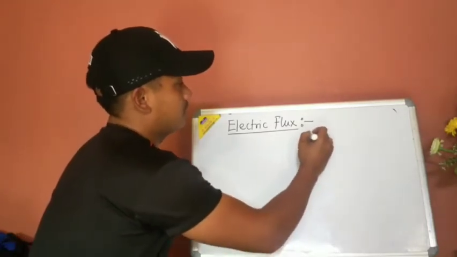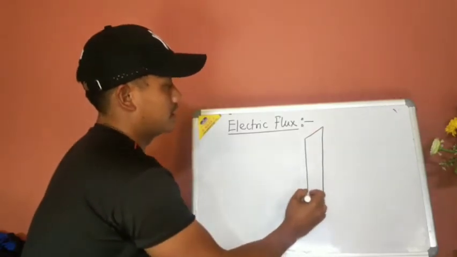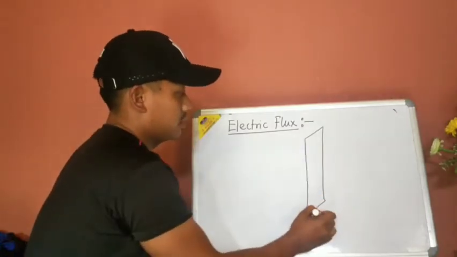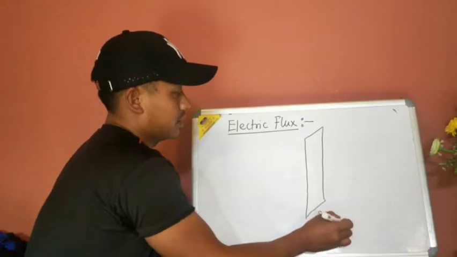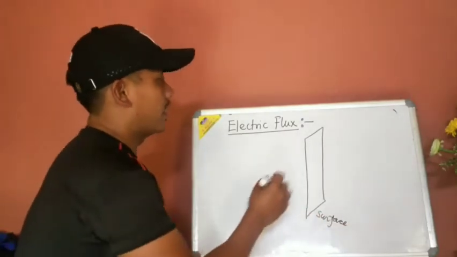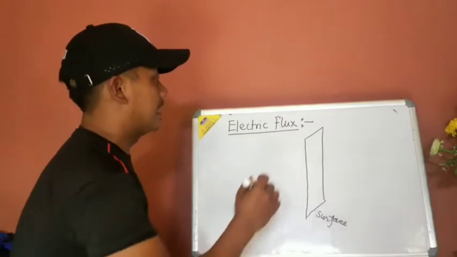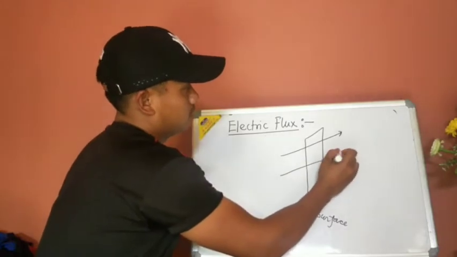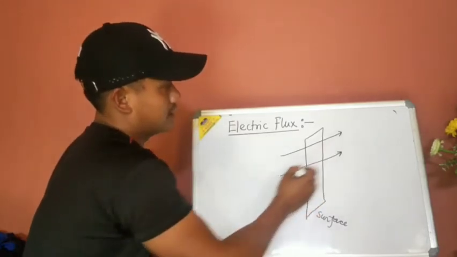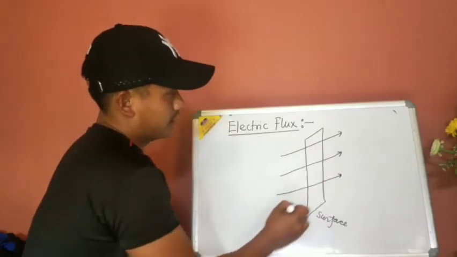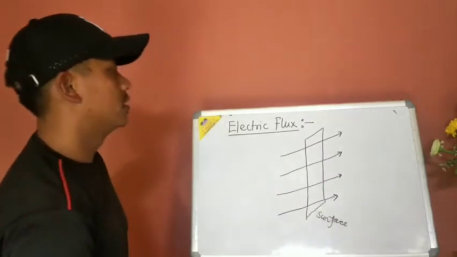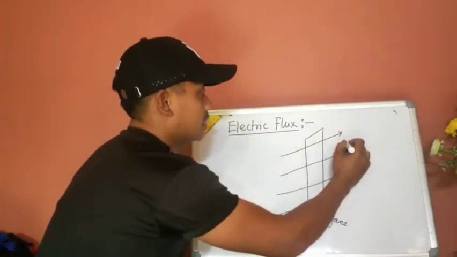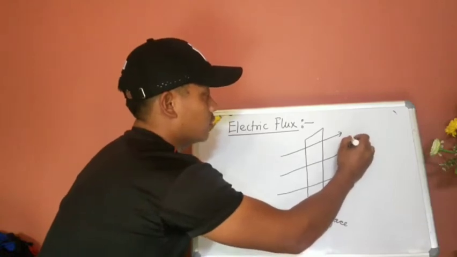You will have a particular surface like this, and on this surface, if you have electric field lines passing through the surface like this, electric field lines may pass through in a uniform or non-uniform way, and these electric field lines, let us say, correspond to E vector.